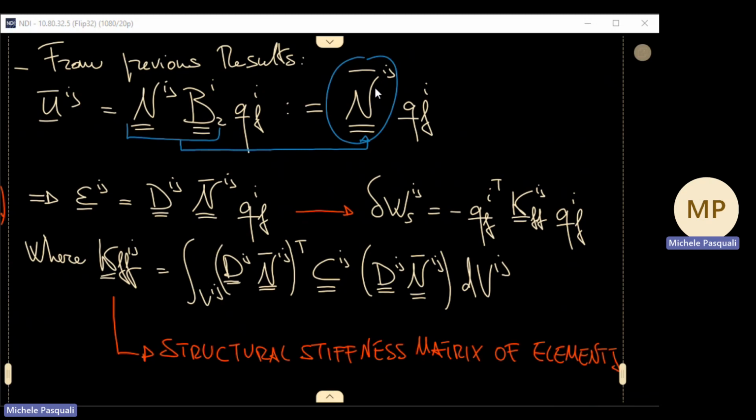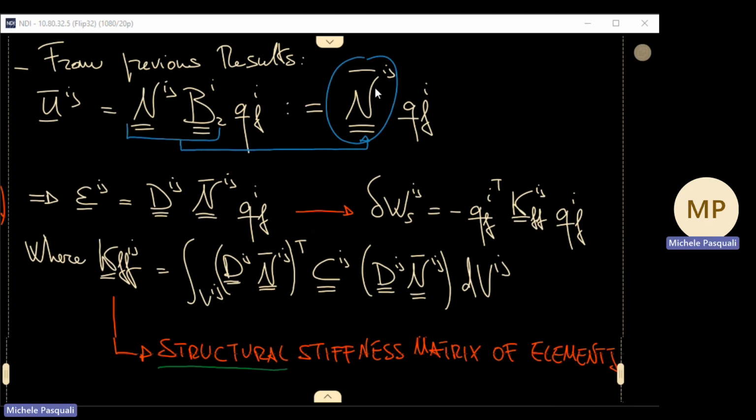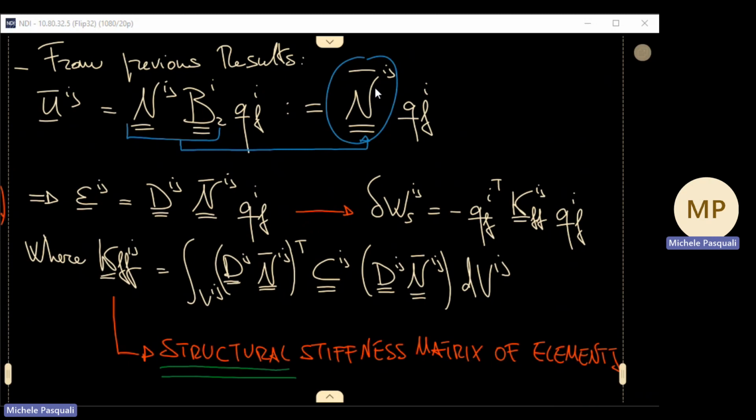Again, it's the structural stiffness matrix, not the stiffness matrix. What is the difference here?